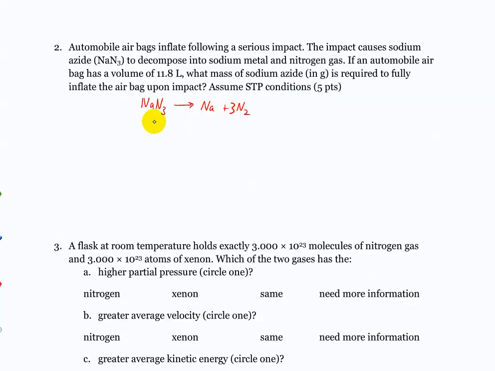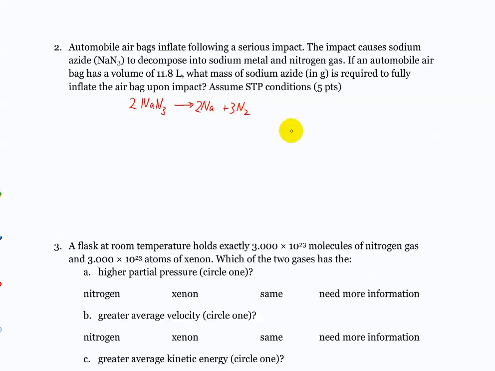So we've got to go 3 of these, 2 of these, 2 of these. If an automobile airbag has a volume of 11.8 liters, what mass is required to fully inflate the airbag upon impact? So the point being here, you need to know how many moles of N2 can occupy 11.8 liters at STP.